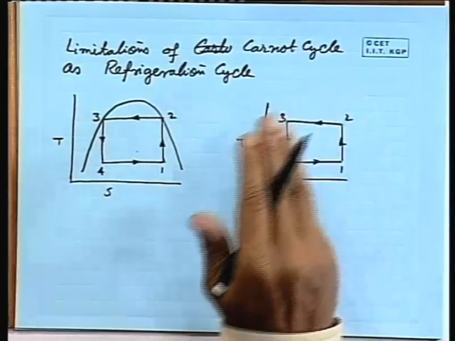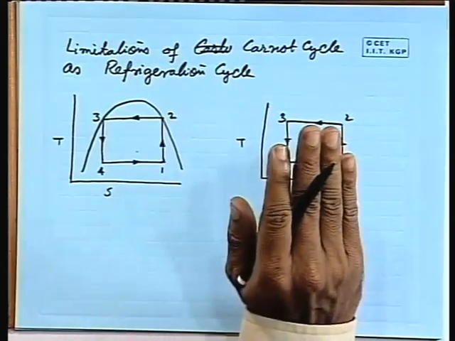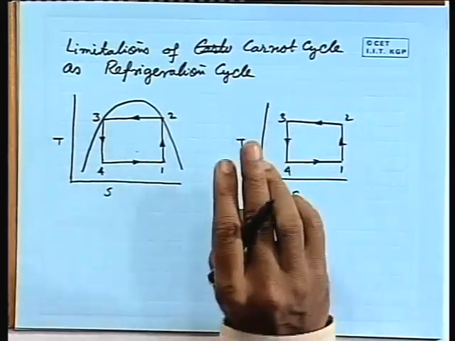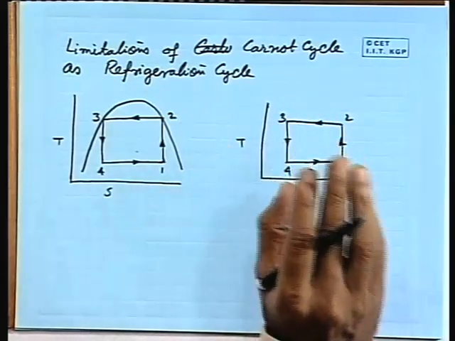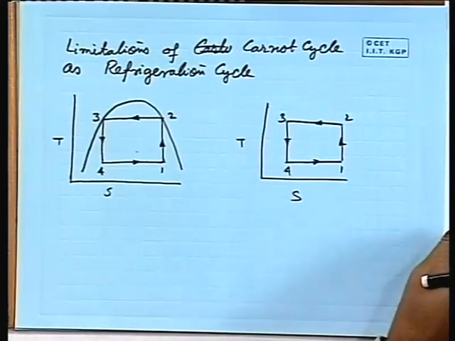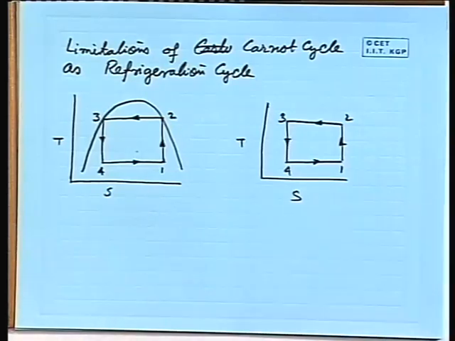So, the first thing is that isothermal heat addition and isothermal heat rejection we cannot realize. Then, if at all we can make some sort of a cycle, to create some sort of reasonable cooling effect, reasonable refrigeration effect, we have to spend a lot of energy. Okay. Or we will have a very low COP.